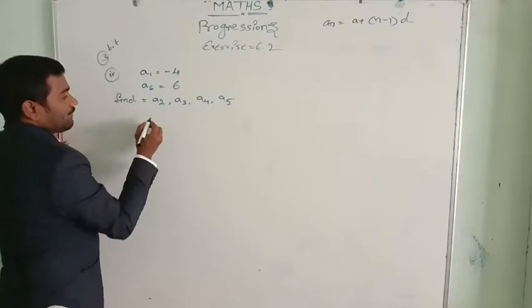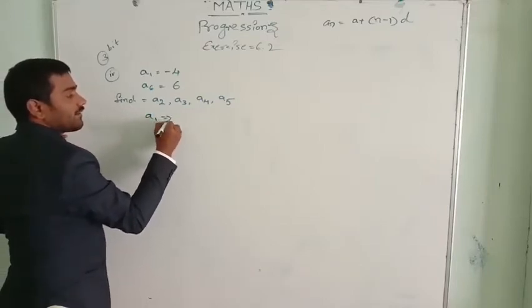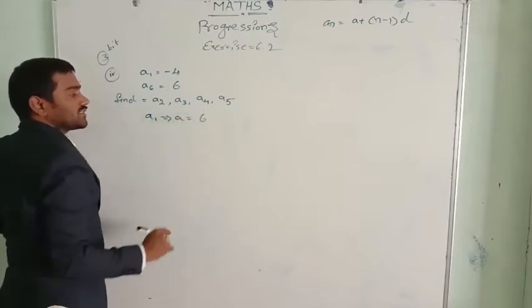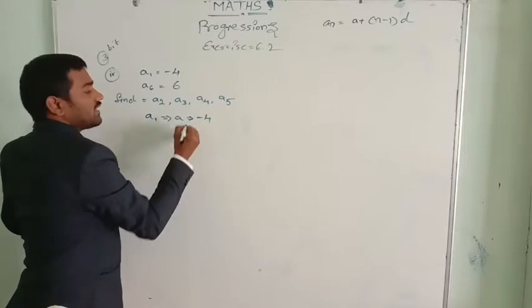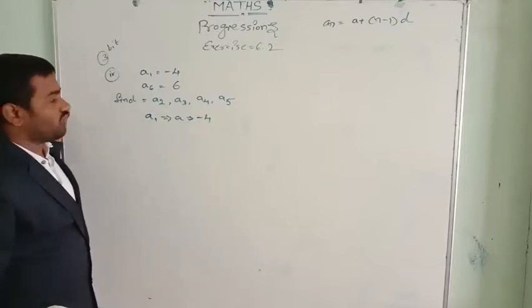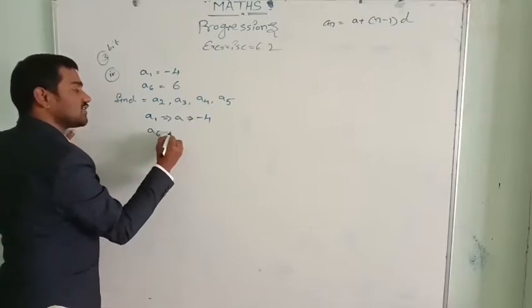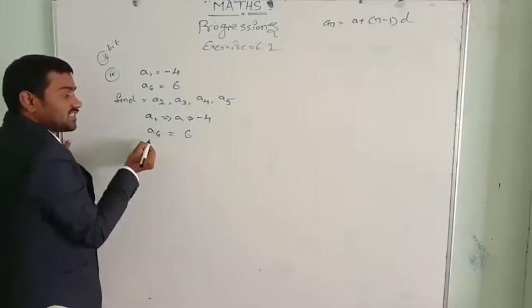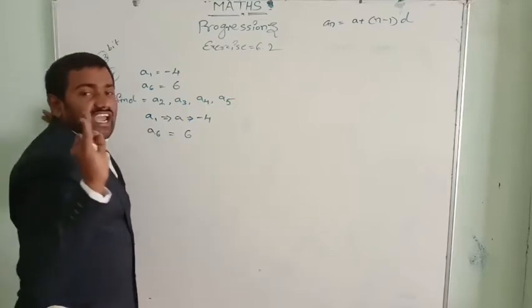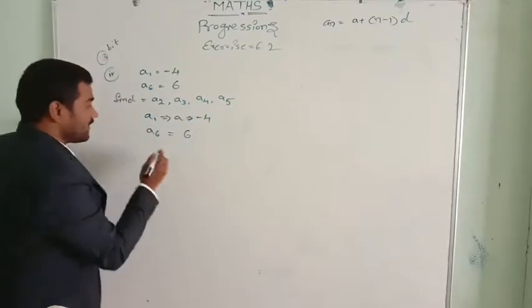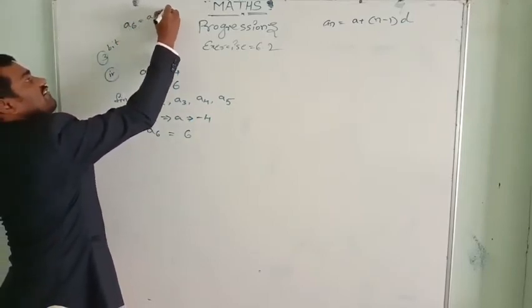What is A1? A1 is nothing but A, that equals minus 4, the first term they have given. Then A6 equals 6. The A6 formula is A plus 5D.